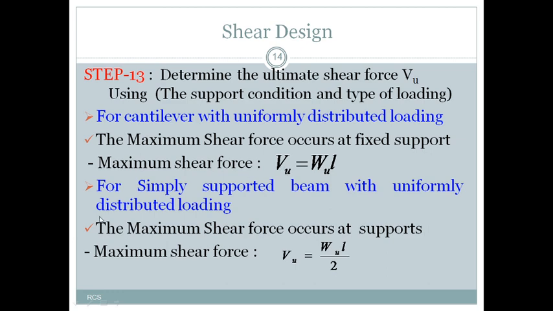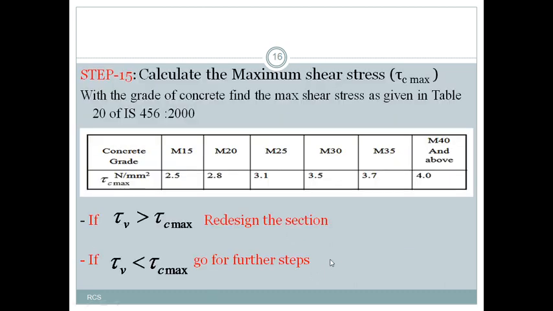Next, a simply supported beam with a uniformly distributed load, where the maximum shear force occurs at the supports, that will be Vu equal to WuL by 2. So you have to use these formulas according to the type of beam you are designing. Suppose you are designing a simply supported beam, then for calculating ultimate shear force you have to use this formula.